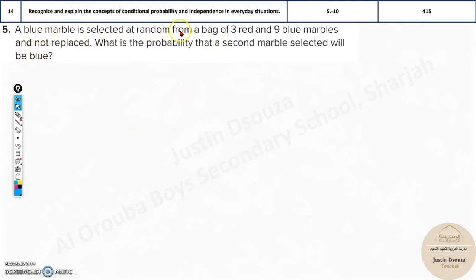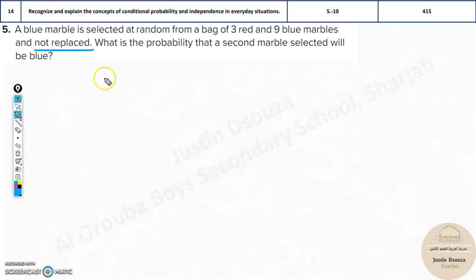A blue marble is selected at random from a bag of 3 red marbles and 9 blue marbles and not replaced. This is a very important thing. Let me explain what exactly not replaced means. Imagine you have a bag of chocolates. There are 3 red chocolates.